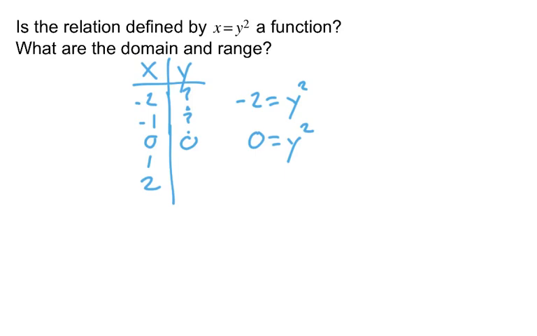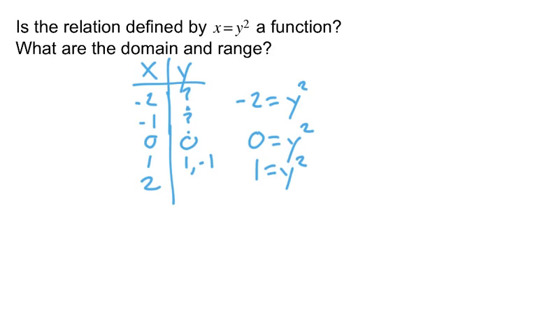What about 1? If x is 1, now think about any value of y that would make that true. 1 would certainly work. 1 squared is 1, but also -1 works too. -1 squared is also 1.